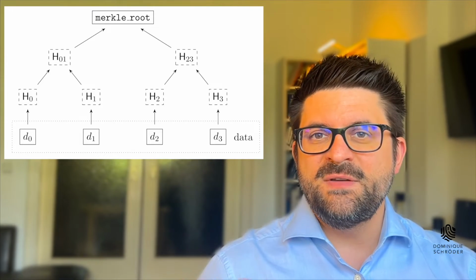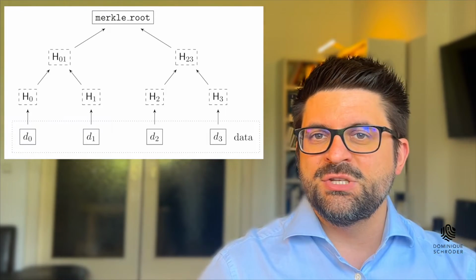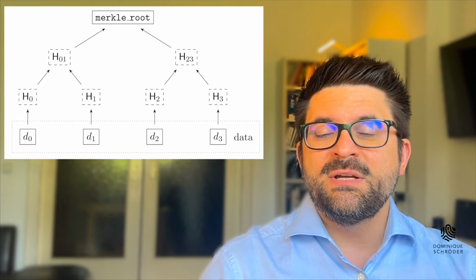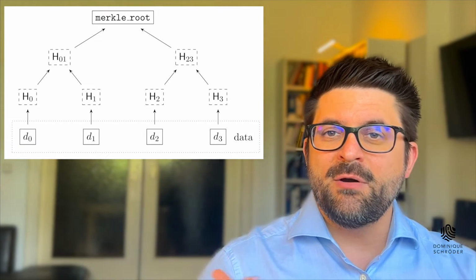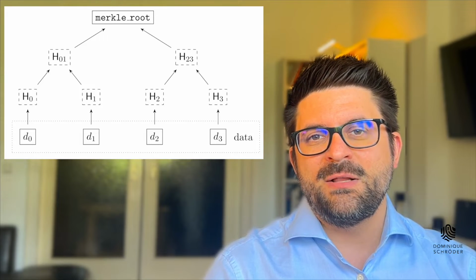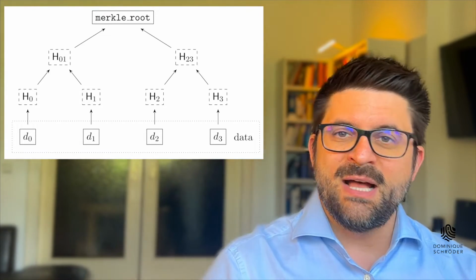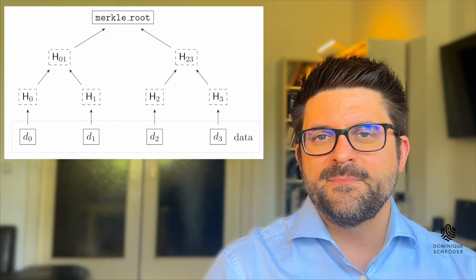Then two hashes are combined as the children in a binary tree by computing a resulting hash value, which means the parent node carries the hash value of its children. This is then done recursively until we reach the top, and this is the root of the tree.